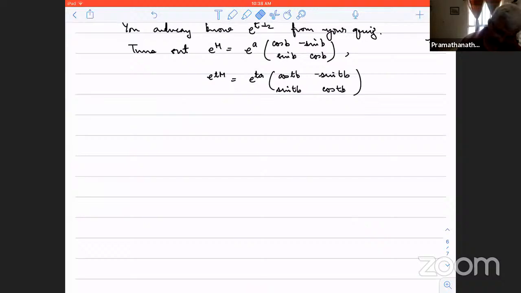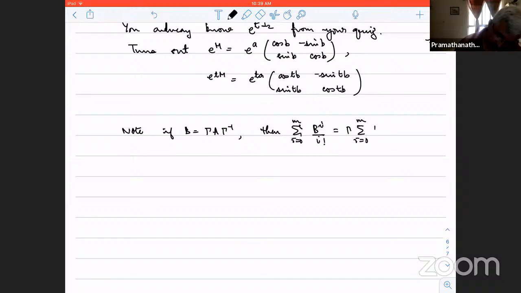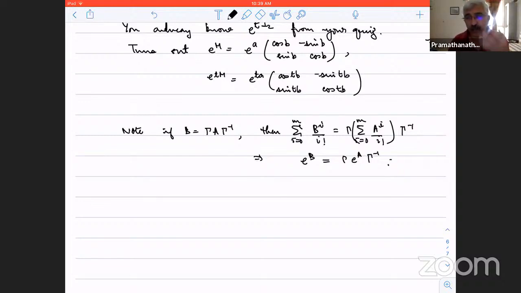So note, if B is gamma A gamma inverse, then the sum from i going from 0 to m of B to the power i over i factorial is gamma times the corresponding sum for A times gamma inverse, by letting m go to infinity and using the fact that matrix multiplication respects limits.